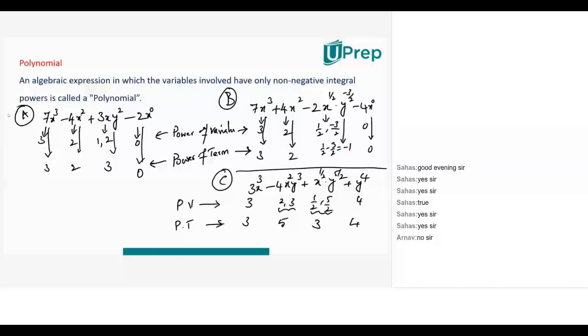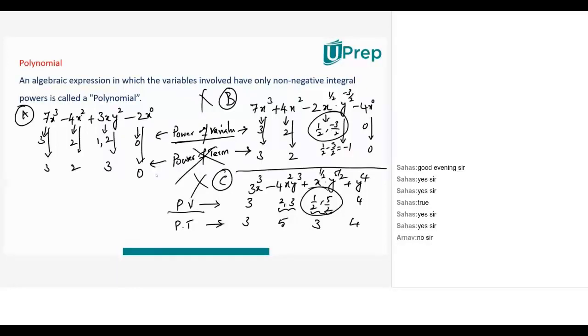For a polynomial, the condition that non-negative powers are needed is not for the term, it should be for the variables. So B is also not a polynomial, not because of -1, it is because of this value. C is also not a polynomial, not because of 3, but because of these powers. The condition that is required is for the power of variables, but not on the power of the term.